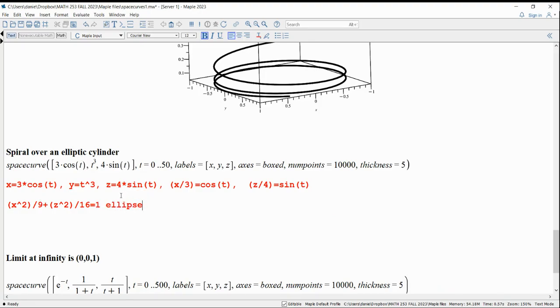So y goes to infinity, and again you have a spiraling motion along the y-axis. So this will be basically an elliptical cylinder along the y-axis.